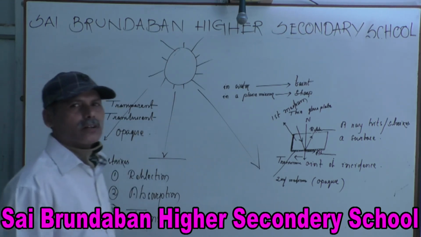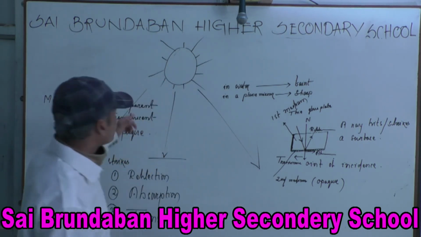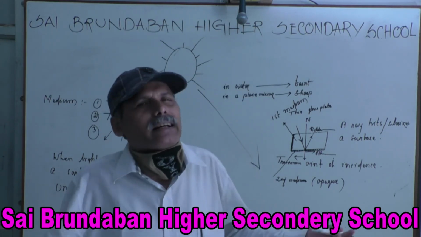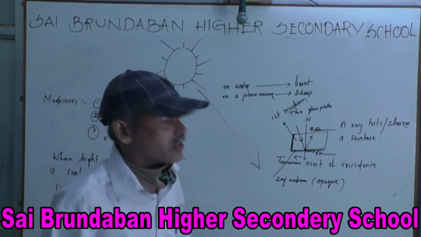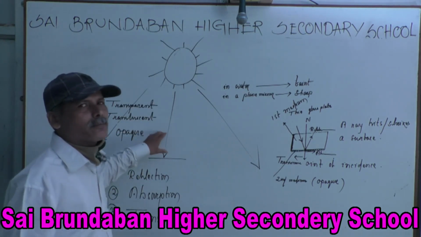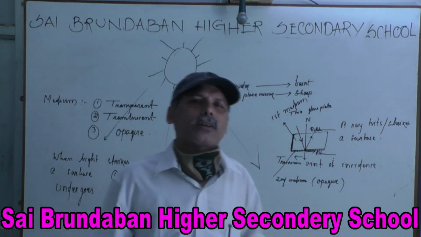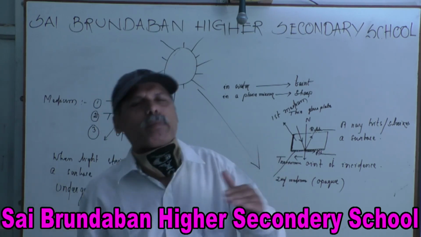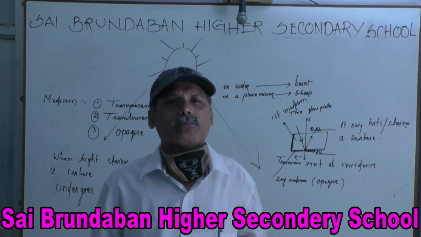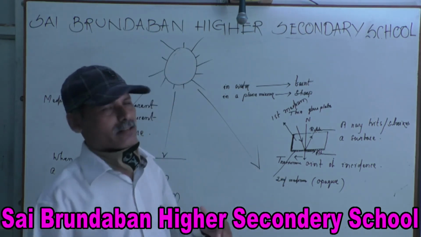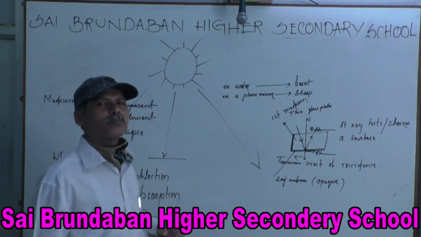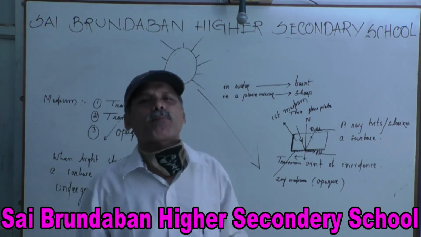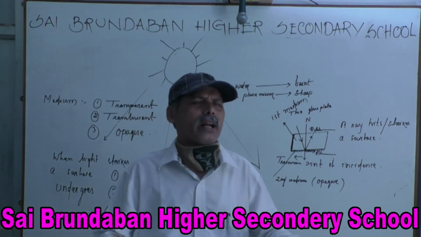What is the meaning of transparent? Transparent means the medium through which light can easily pass, easily propagate. Then what is translucent? A medium through which part of the light passes or propagates is known as translucent. Then what is opaque? No light propagates or passes through the medium.